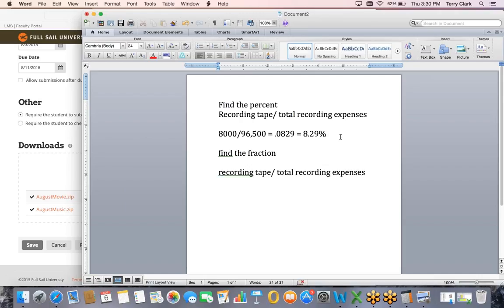And we're making up one because I can't do the one that you guys are actually required to do. So we're going to take 8,000 over 96,500, and then to solve this, we're going to divide the 8,000 by 100. And then we're going to take the 96,500 and divide it by 100.